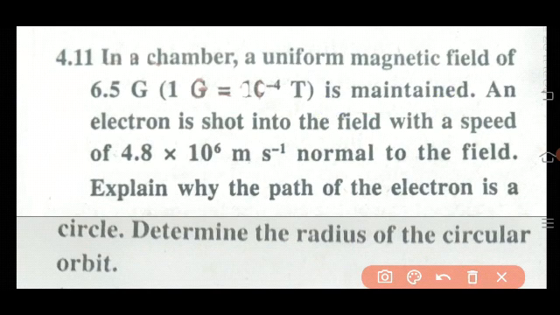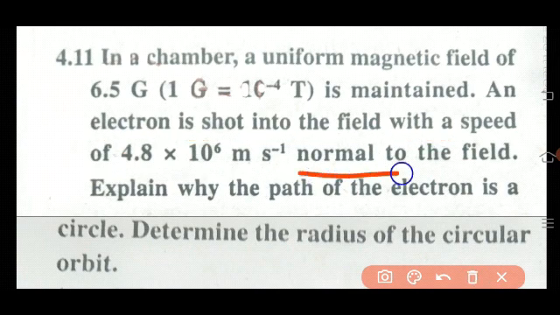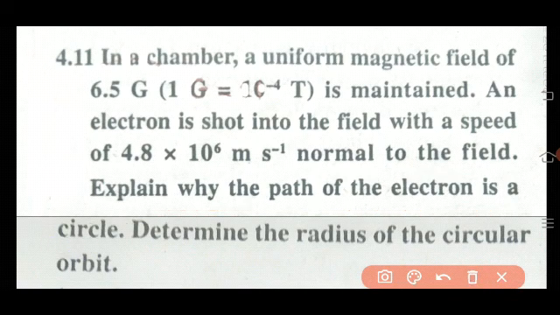An electron is shot into the field with a speed of 4.8 into 10 to the power of 6 meters per second, normal to the field. Explain why the path of the electron is a circle. Determine the radius of the circular orbit.